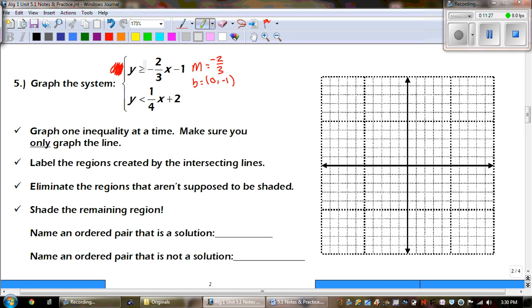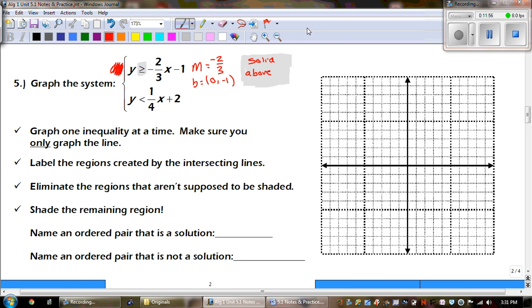Now, the next information I'm just going to get from my inequality symbol right there. I know that that's going to be a solid line and that I need to shade above. It's the greater than symbol, and greater than means above, and the line underneath means that it's going to be solid with closed points. Okay? So let's go ahead and graph this.